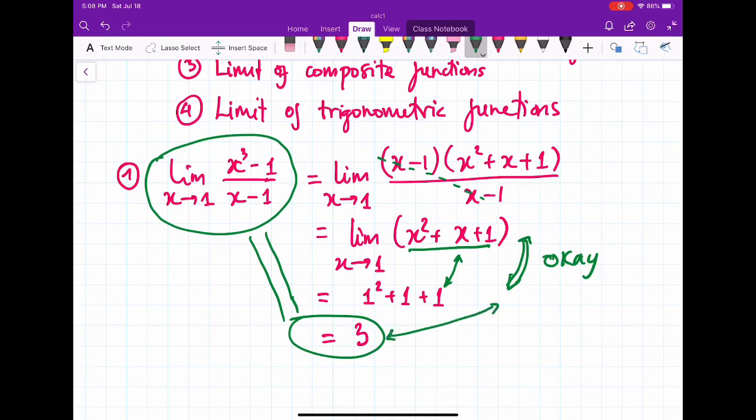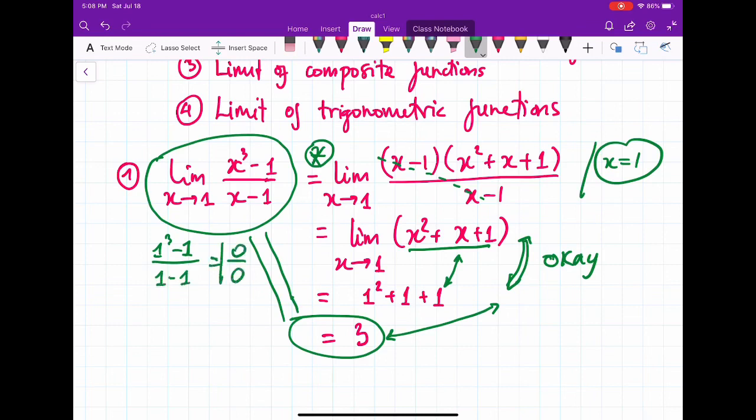But in the previous step, right here, I plug x equal to 1 into the function and I get 1 cubed minus 1 over 1 minus 1, which is 0 over 0. It's not a good one. So we cannot reach a conclusion at this step, and that's why we need more.